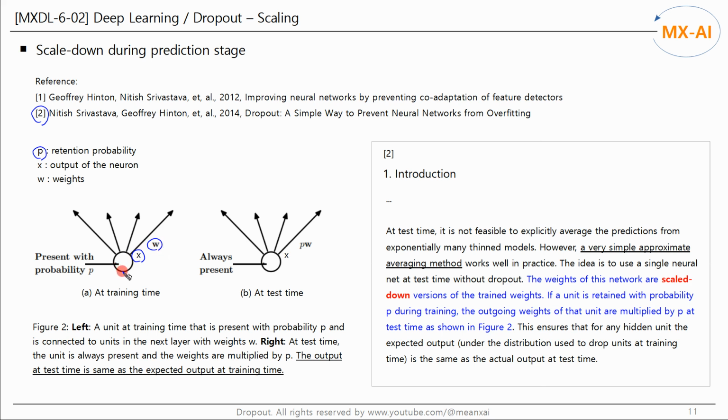At training time, this unit is present with probability P and is connected to units in the next layer with weights W. At test time, the unit is always present and the weights are multiplied by P. The output at test time is same as the expected output at training time. This very simple approximate averaging method works well in practice. This is the scale-down method presented in the dropout paper.